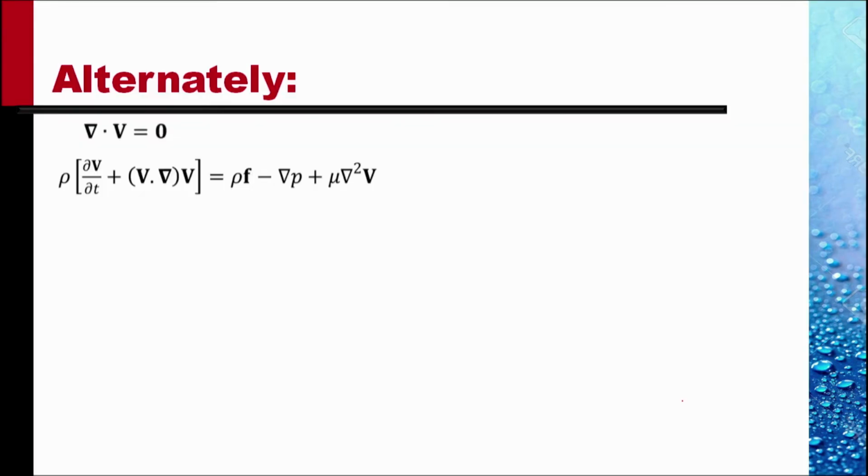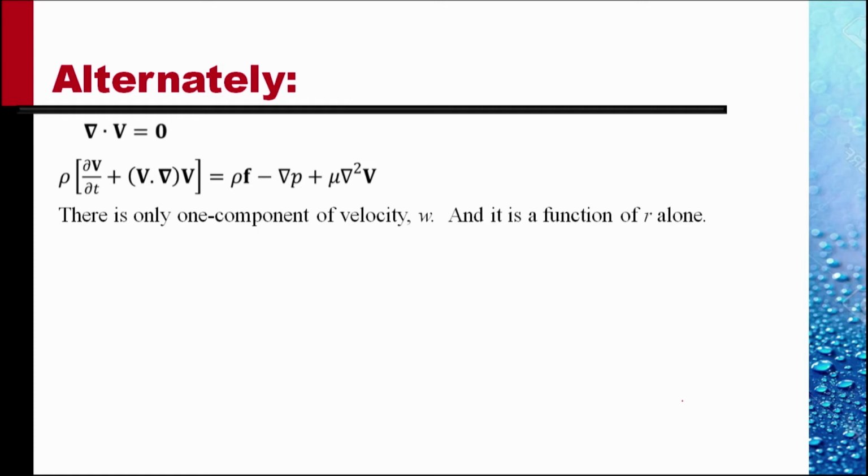This could be obtained alternatively from the Navier-Stokes equation written in the cylindrical polar coordinate. The momentum equation in the cylindrical polar coordinate relevant here is only the Z equation, because the only velocity component is W, that is Vz, and it is a function of R alone.